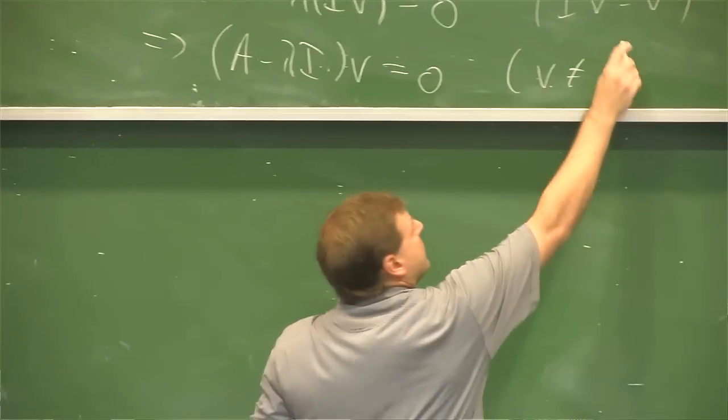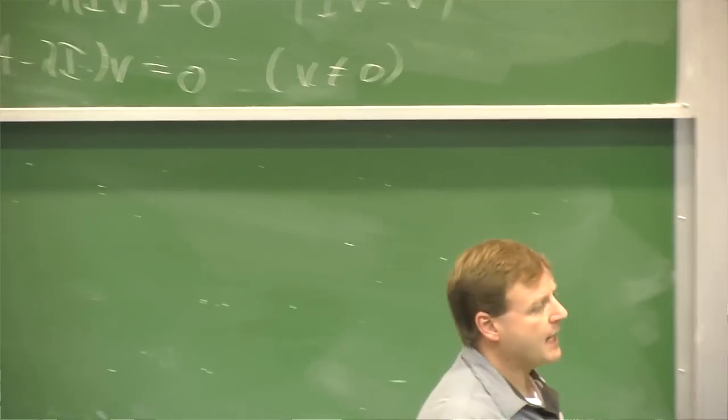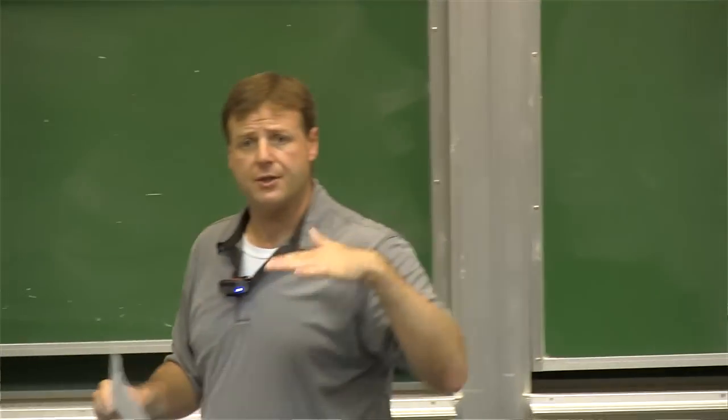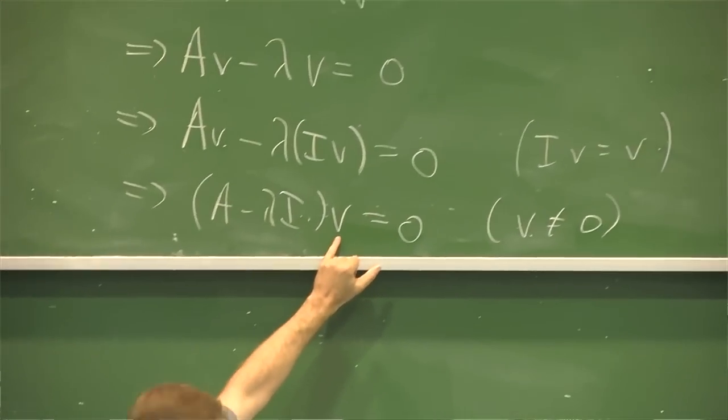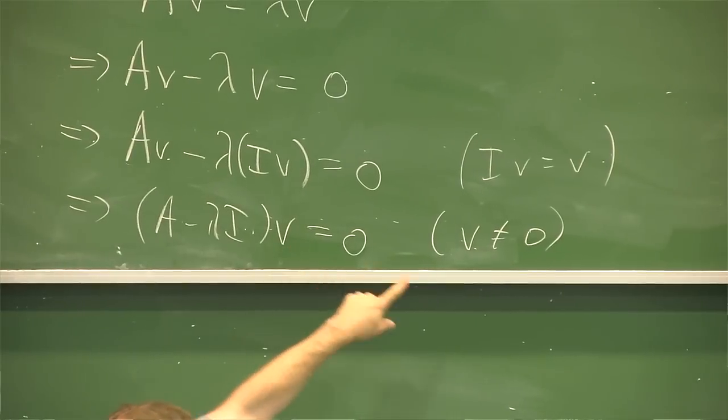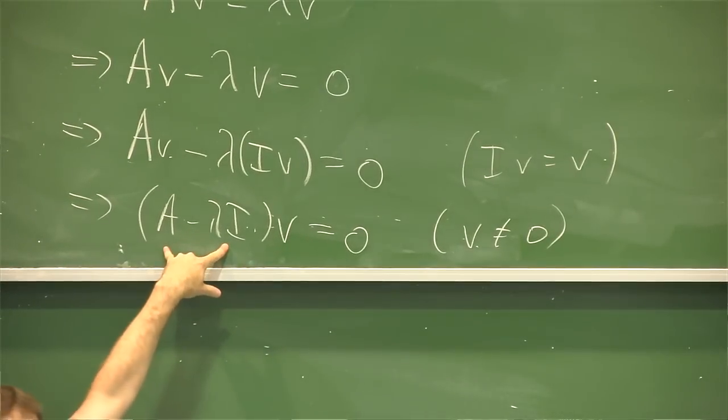So if you look back in the previous notes earlier in the class when I was talking about singular matrices, one of the features was that you have a matrix times a vector equals 0, and that vector is not 0. That means this is singular.